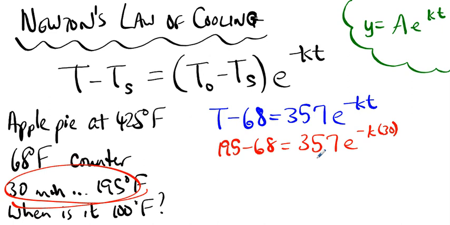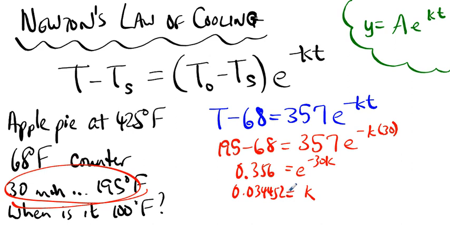Oh, golly. Okay. So 195 minus 68 is that number, divided by 357 is that number. So we've got 0.356. That's not actually it. There's a whole bunch of decimal places. Is e to the negative 30k. And so let's see, you take a natural log of that, and divide by minus 30, and you get that k is approximately 0.034452.